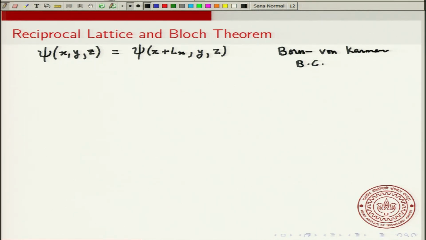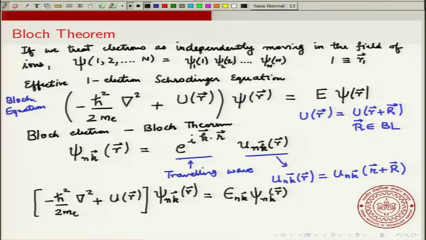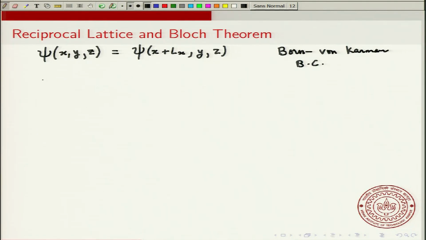Now if you go back and substitute the form of psi, what you will get is a term that looks like e to the i k dot r, and you will have u n k of r. This should be equal to, now if I change x to x plus Lx, then k dot r will look like the following.